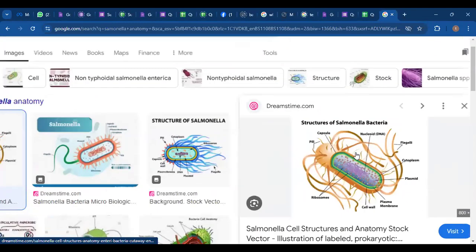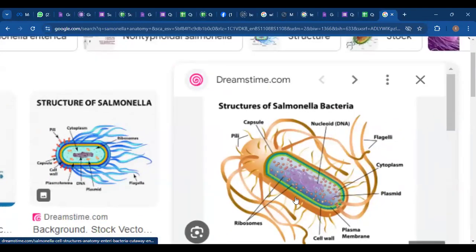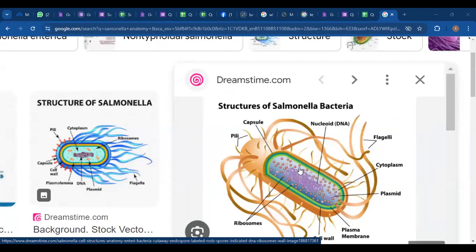Remember we said they don't have a proper nucleus. The nucleus is supposed to hold the genetic material, but they don't have a proper nucleus, so their genetic material is floating all around. They have flagella, which help them to float around, and they have the cell wall.